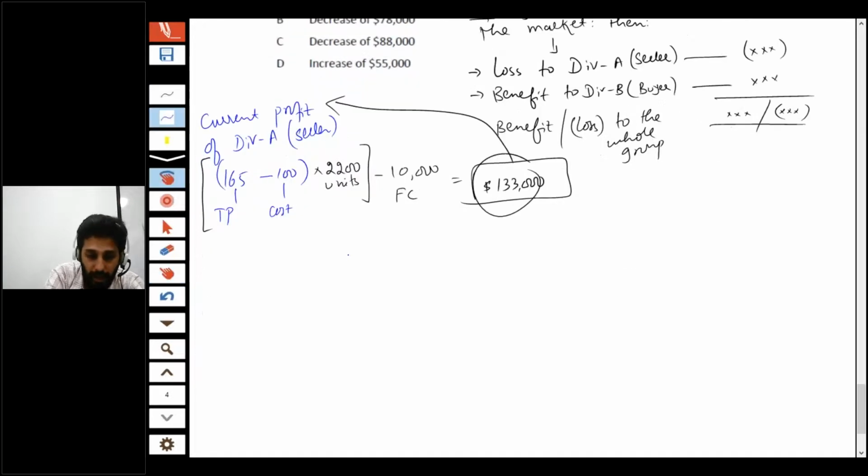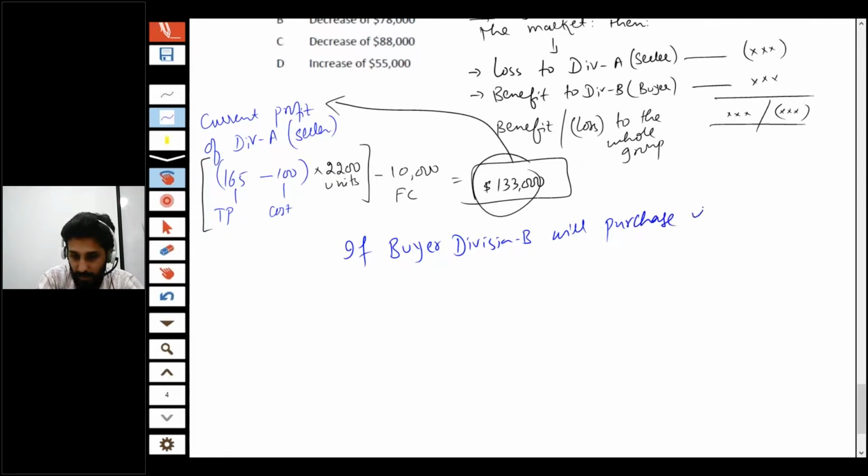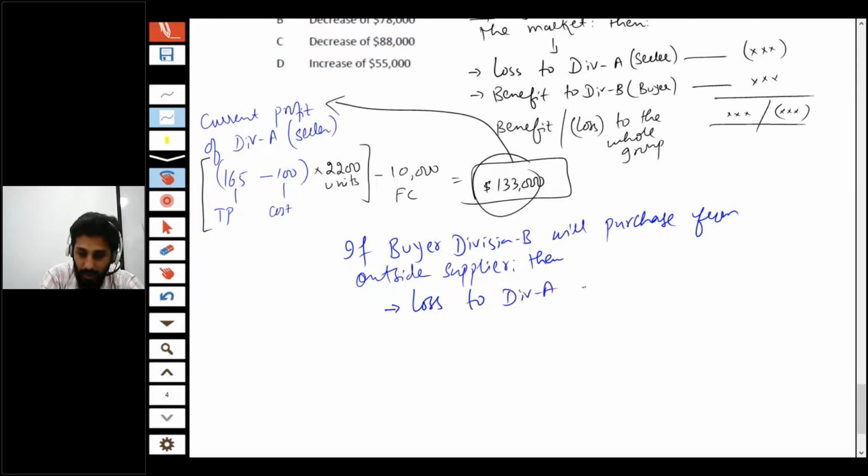So if the buyer division, that is B, will purchase from an outside supplier, then there will be loss to division A. What is the loss? This would be the loss.